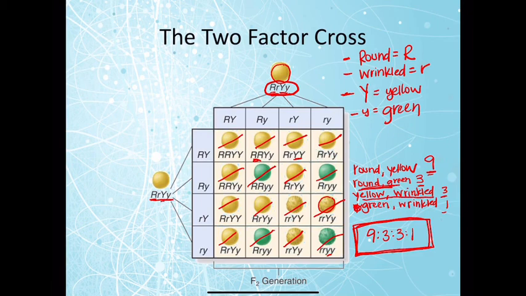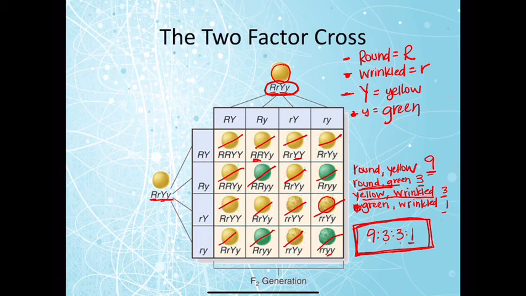Those with one dominant and one recessive trait give you your 3s in your 9:3:3:1 ratio. And the one with both recessive traits, green and wrinkled, is going to give you your 1 in your 9:3:3:1 ratio.